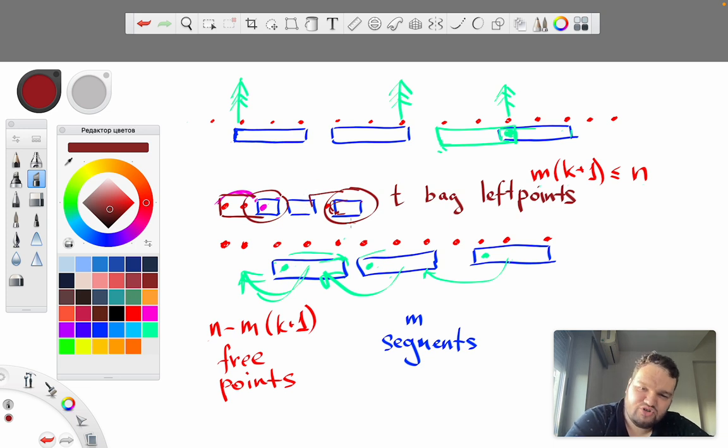We can merge them and say that then we have n minus m times k plus 1 minus t times k red points left, and it should be non-negative. Then we choose their order.